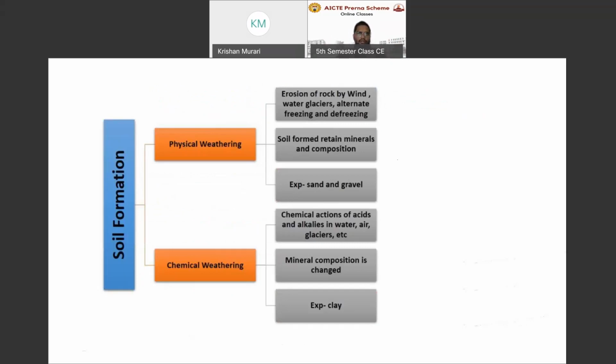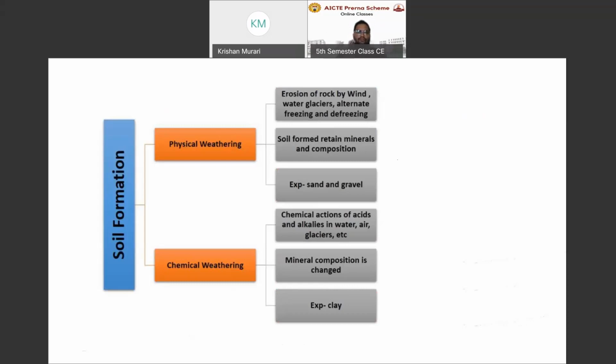When a river flows, it also transports sediments. Under freezing and thawing conditions, the rocks shrink and expand, and due to this phenomenon, the rocks are converted into soils.